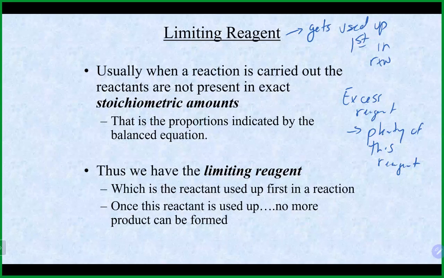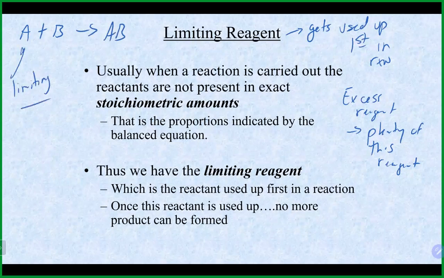Why is limiting reagent sort of important? It's important because if we just take a very simple example of a reaction where we go A plus B makes AB. And let's just say, hypothetically speaking, that A is our limiting reagent. When I run out of A in this reaction, would I be able to make any more product at that point?